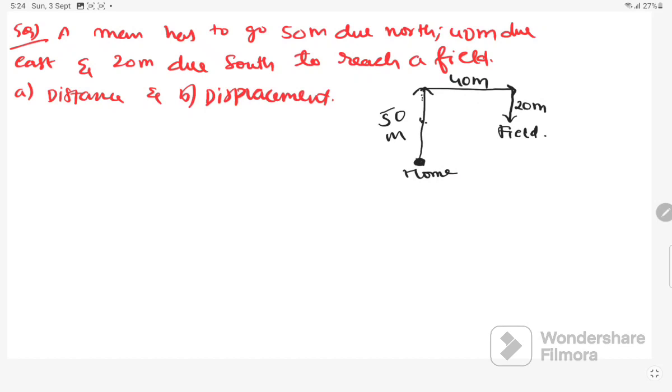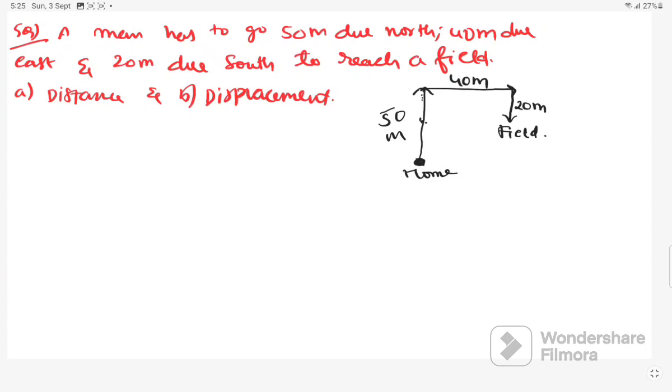Now, from this home to field, two things you have to find out: the distance as well as the displacement. Now for that, look very carefully. This question will be really very interesting, students. Slowly, we are just at the ABCD of rectilinear motion. Questions will keep on becoming interesting when we cross the levels.